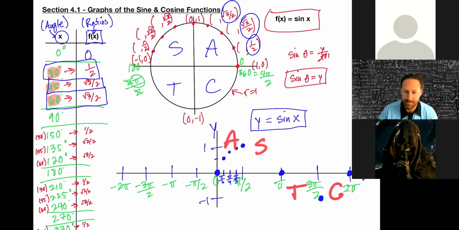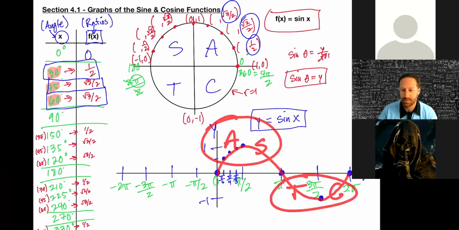Do you guys already see it? These things to get from there to there and get back to my 0 are going to be positives. Where this to get down to this -1 and then back to the 0 are going to be negatives.